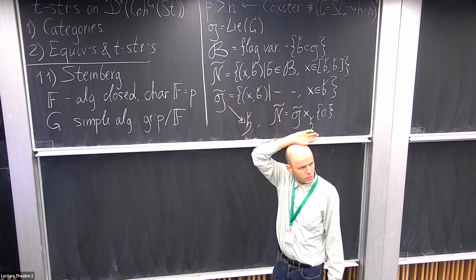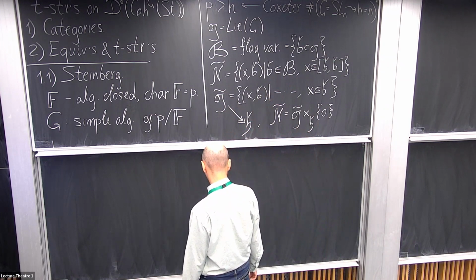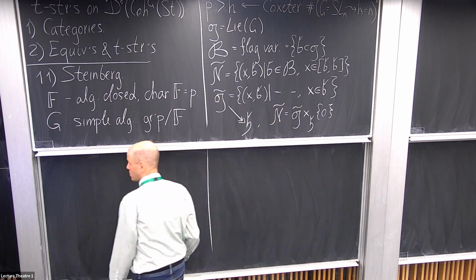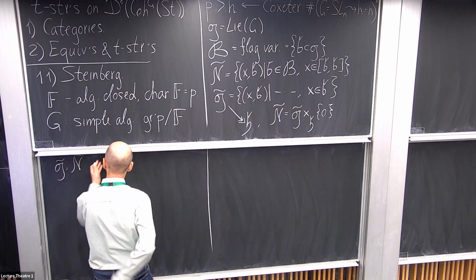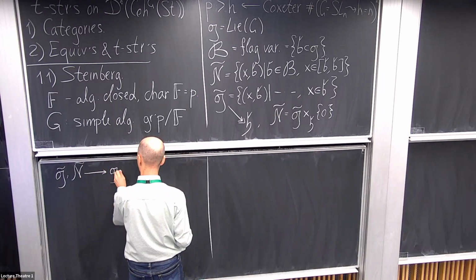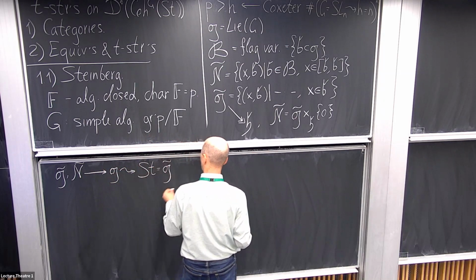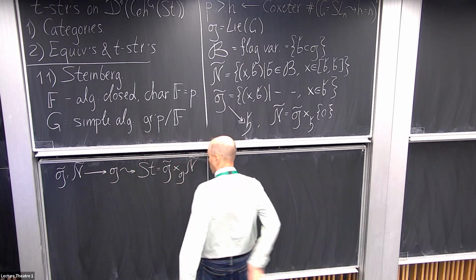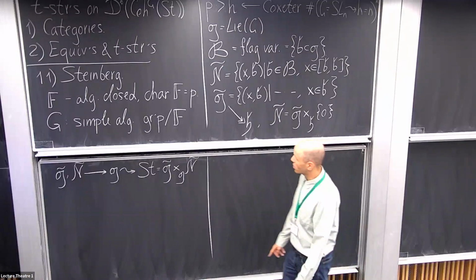In particular, I can consider the fiber product, and this is the Steinberg variety. It is a fiber product of g tilde and N tilde over g, which means that it consists of triples.